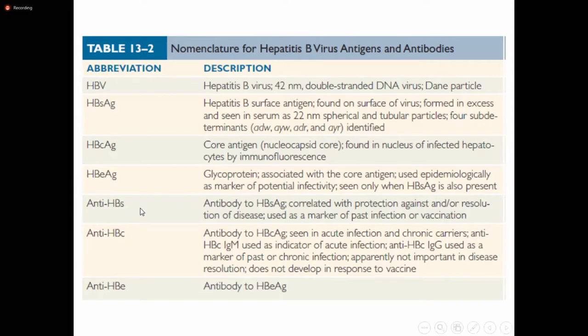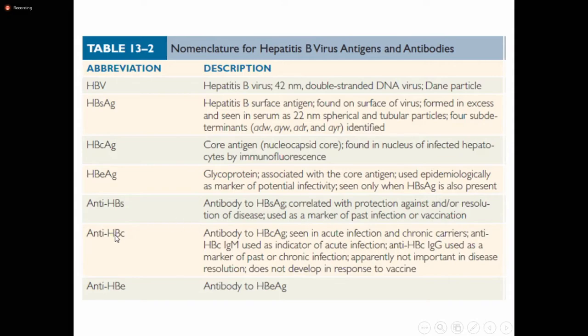Now, anti-hepatitis B surface antigen: the body can form anti-surface antigen, which means protection against the virus. Also, anti-hepatitis B core means that the person has been infected, and it is also present in chronic carriers.